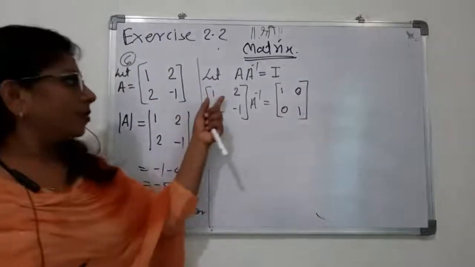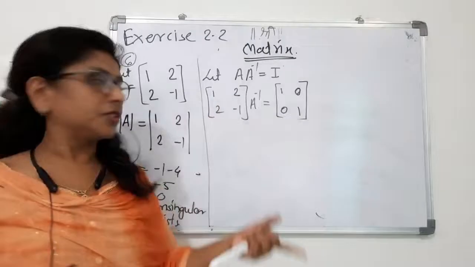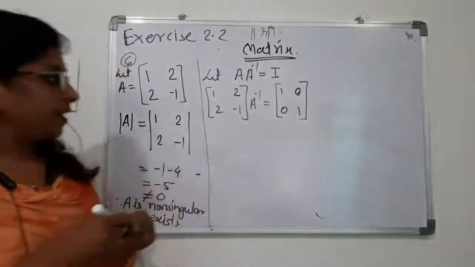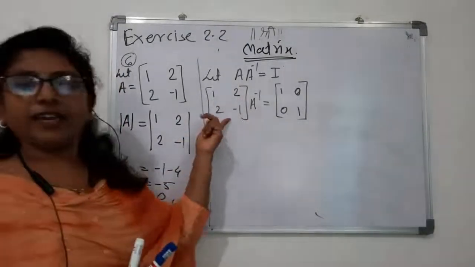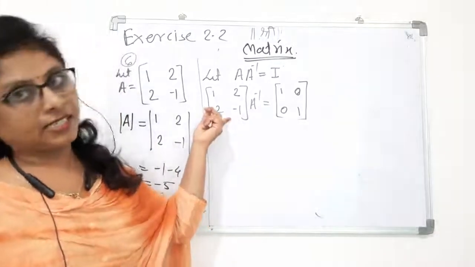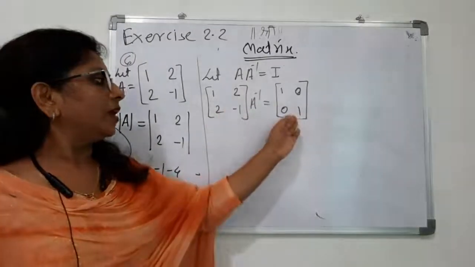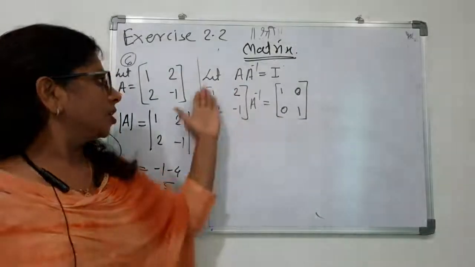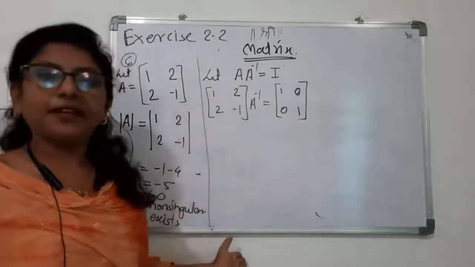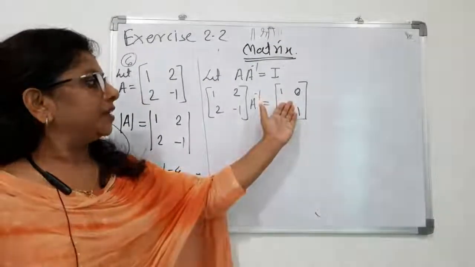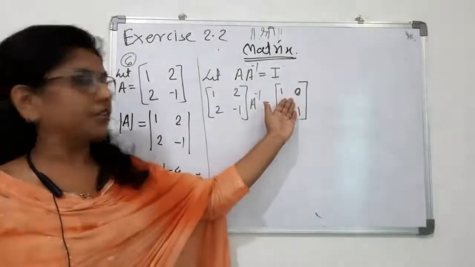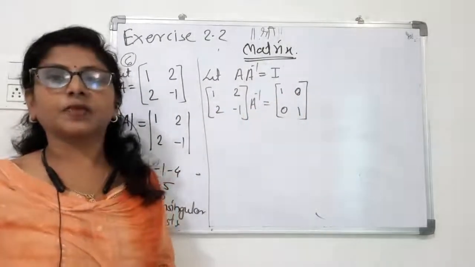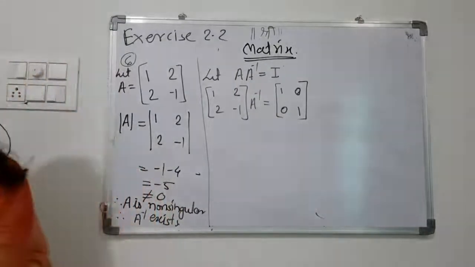Now we will perform row or column transformations here. Means we will try to make this A an identity matrix, and the same transformations we will apply on this identity. So this matrix will change to the identity matrix in the last step, and automatically this matrix will change to the inverse of it.